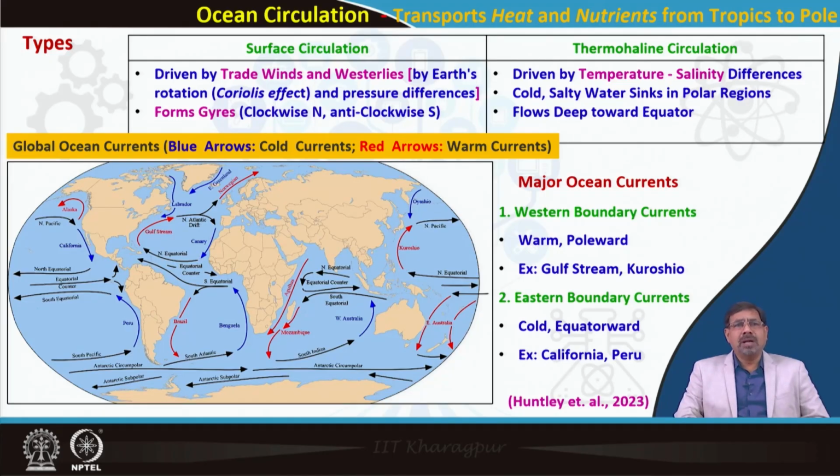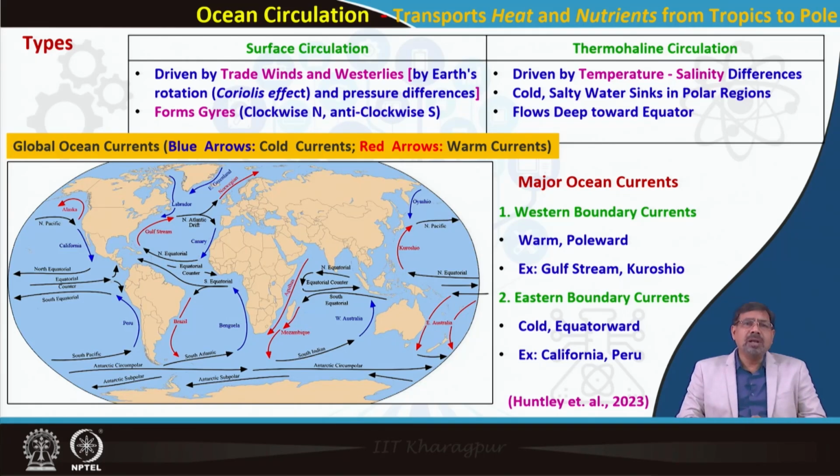Global water currents: if you look at the diagram, the blue arrows indicate the cold currents and the red arrows indicate the warm currents. Starting from the upper left, at Alaska you have a red arrow, a warm current.